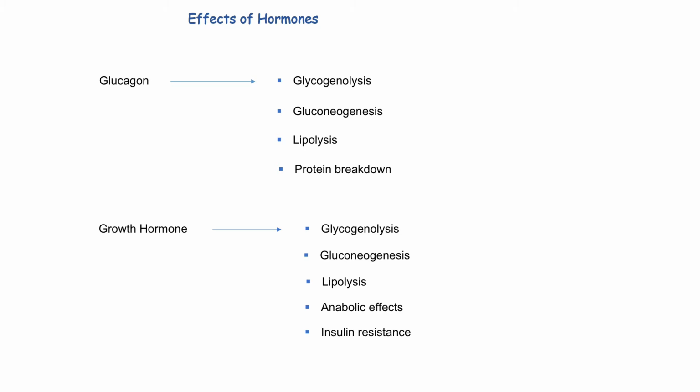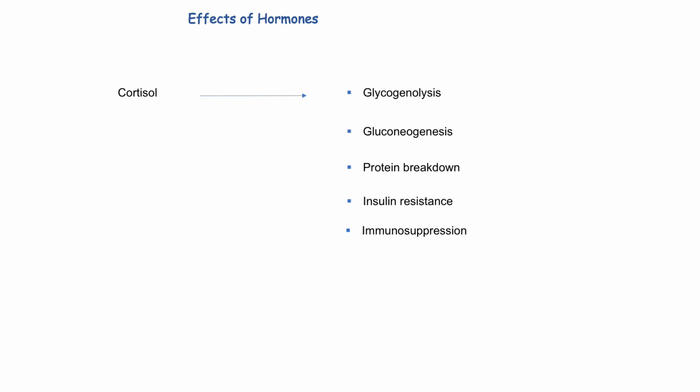Growth hormone has many effects that are similar to glucagon. In addition, growth hormone has anabolic effects. These anabolic effects attempt to counteract some of catabolic effects of other hormones. Cortisol is one of main hormone of catabolic phase.